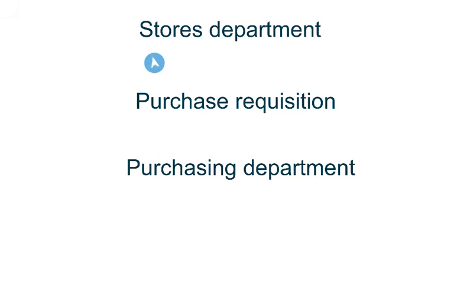Now, when the stores department receives this goods requisition note, let's say they have this material in store, then they will only issue it to the production department. But let's say they don't have this material in store.